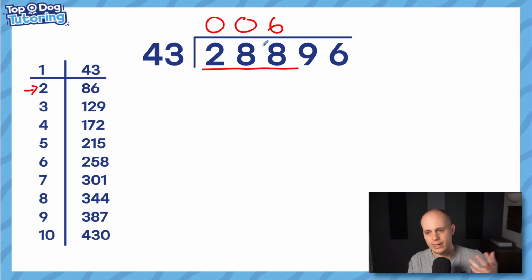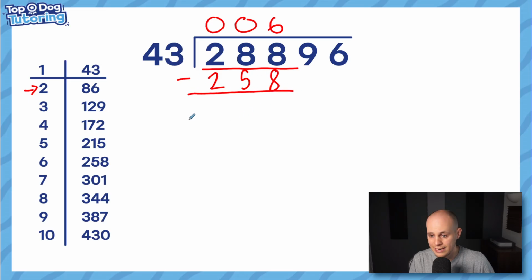Now, instead of trying to work out the remainder in our head, we quite simply write down what 43 times 6 is underneath. So we write the 258 here, lined up, and then we can just use subtraction, because it's already laid out nicely, to find the remainder. Because remember, the remainder is just the difference between the two numbers. 8 subtract 8 is 0, 8 subtract 5 is 3, 2 subtract 2 is 0.